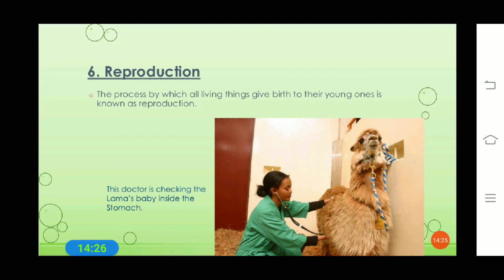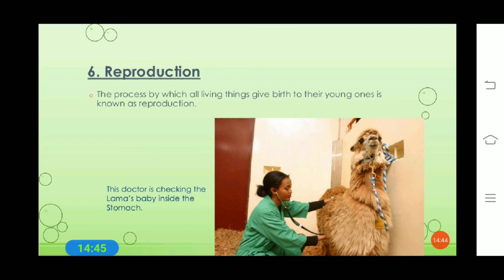So animals reproduce their own kind. The mode of reproduction may be different. The process by which all living things give birth to their young ones is known as reproduction.